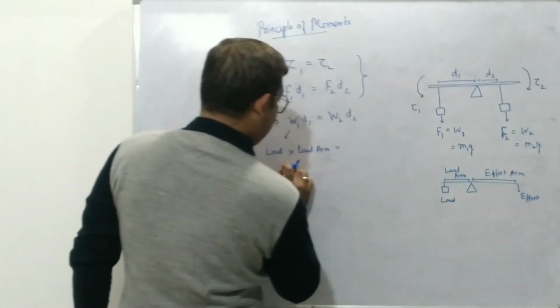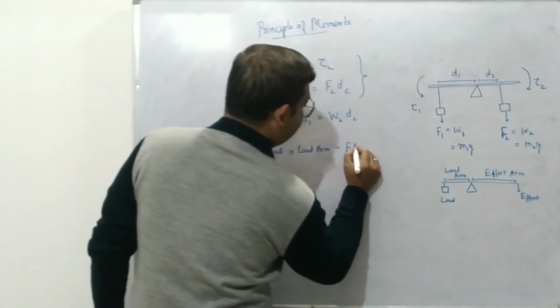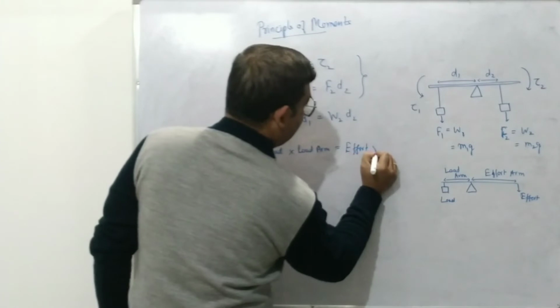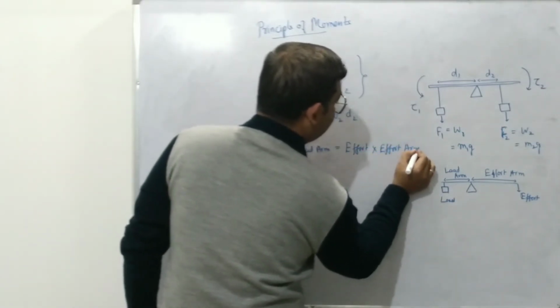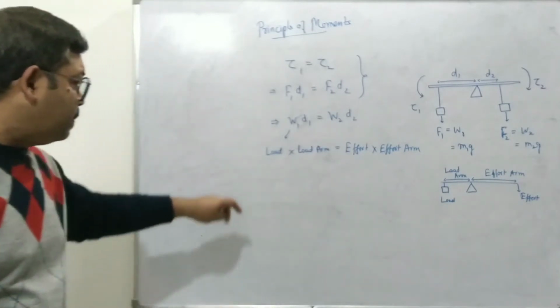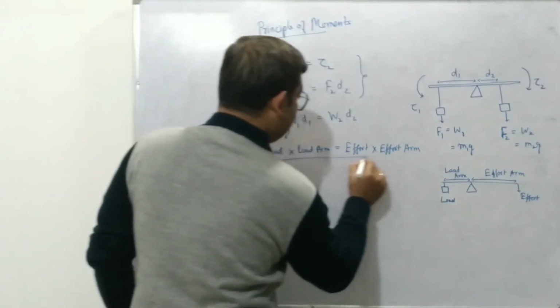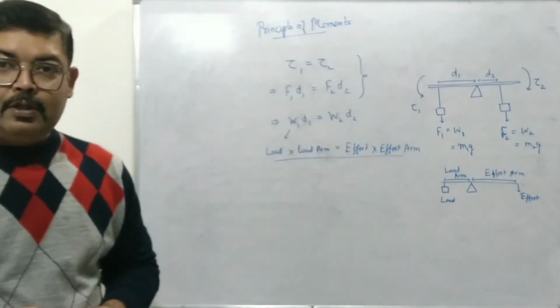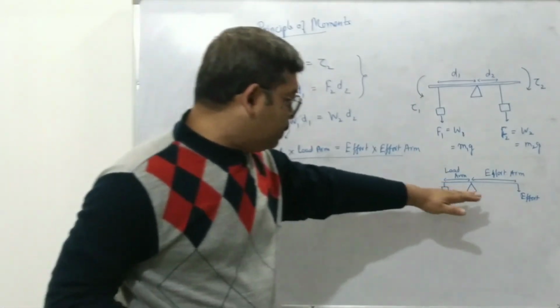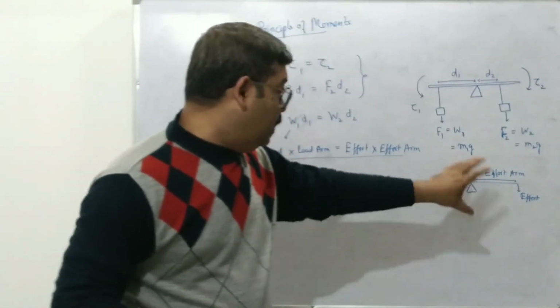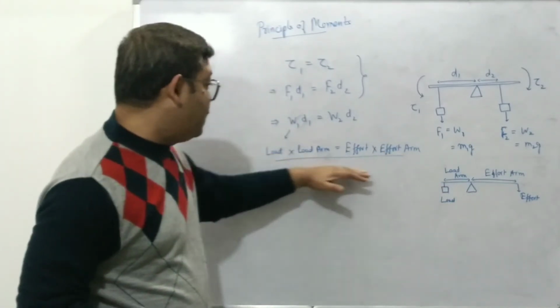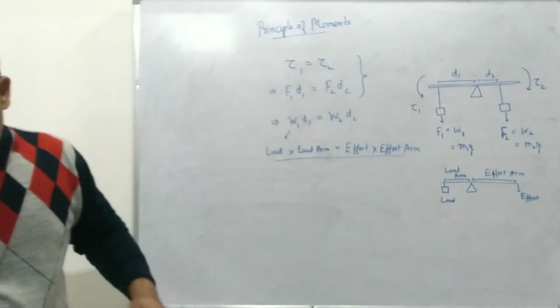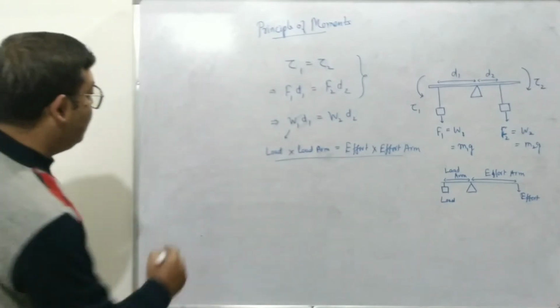So load into load arm is equal to effort into effort arm. This statement is what governs the functioning of a lever, and that is why it is known as the principle of lever.